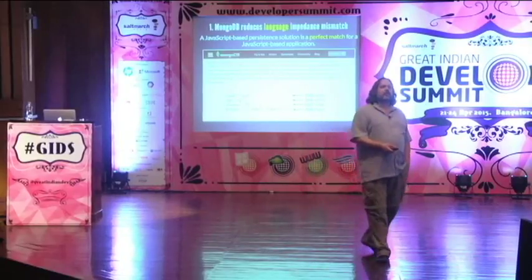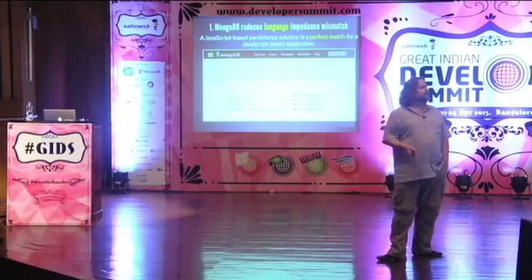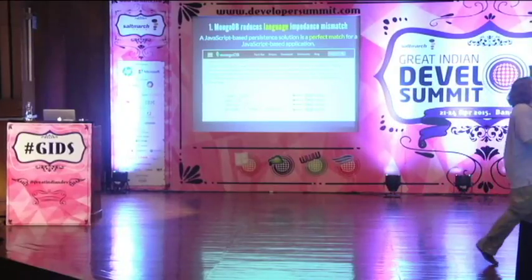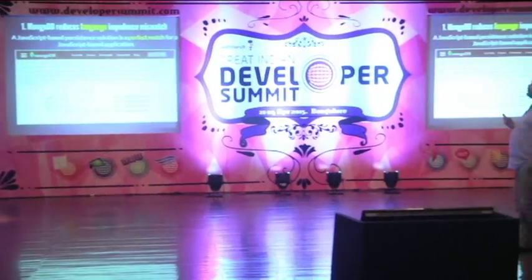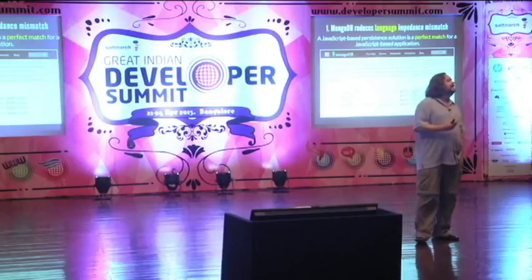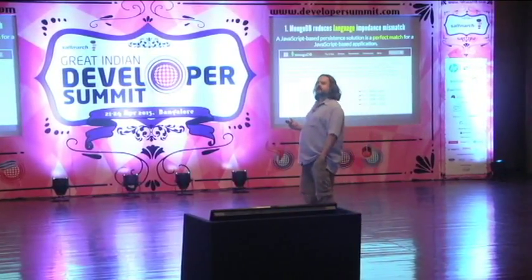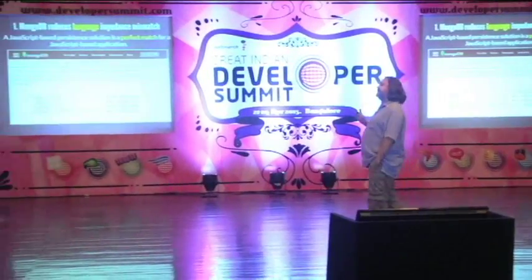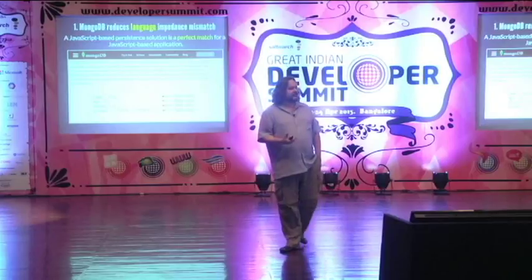And one of the reasons why it's such a popular mix in this MEAN stack, this Mongo, Express, Angular, and Node, is that MongoDB does a great job of reducing or even completely eliminating language impedance mismatch, as well as modeling impedance mismatch.